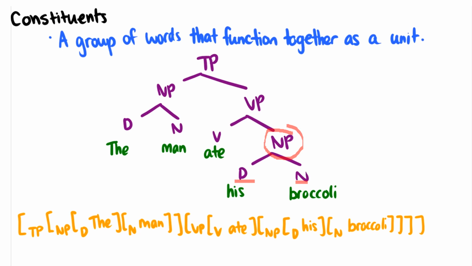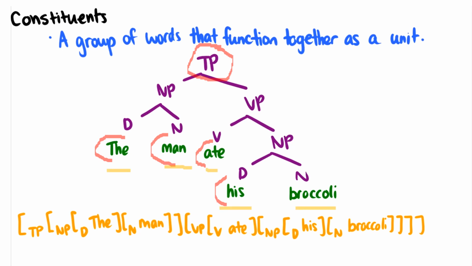If we pick up the VP, then we have the verb ate, the determiner his, and the noun broccoli. So that is a constituent. If we pick up the TP, then we will pick up all the words. So the whole sentence is a constituent. That also means that each individual word is its own constituent as well.